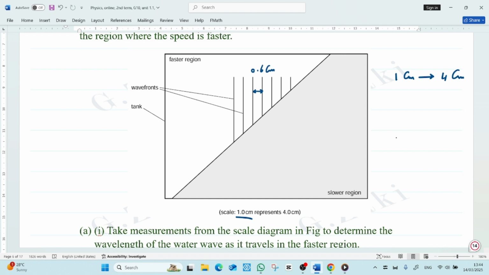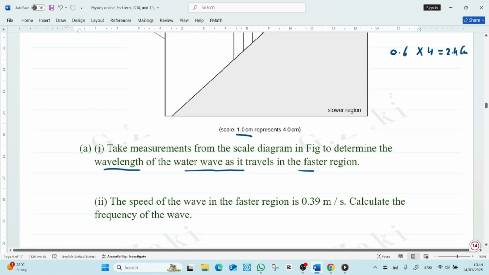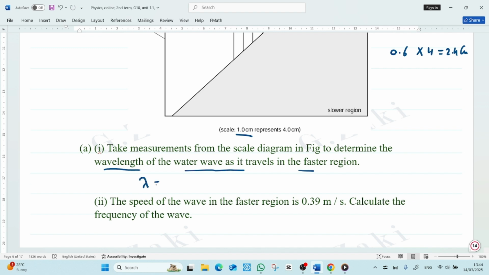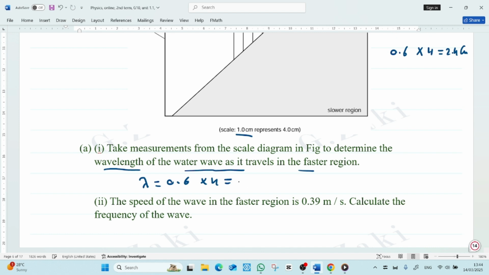So 0.6 multiplied by 4, we convert it, it's 2.4 centimeter. Then the actual wavelength is 2.4 centimeter. So lambda equals 0.6 multiplied by 4, it's 2.4 centimeter.